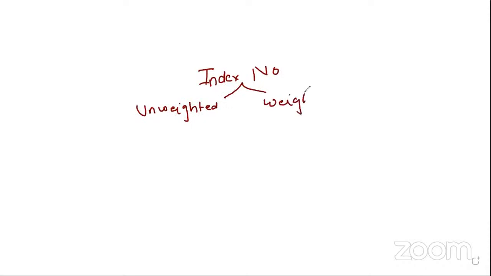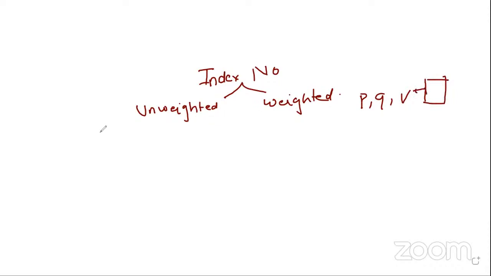So I'll try to do it from here. Now see what I was telling you. Index numbers are there. In index numbers, we have two types. One is unweighted, and the second one is weighted. In weighted, we take certain values of maybe price or quantity or value, and we try to measure current scenarios with them.